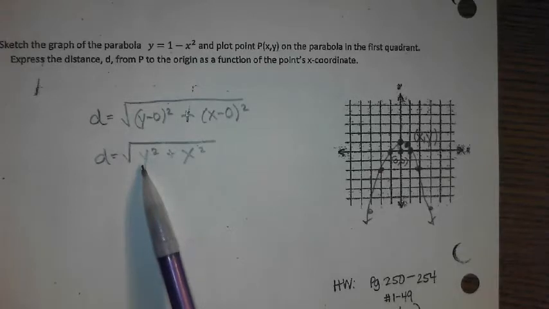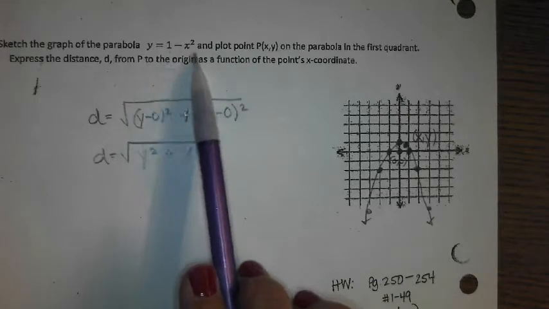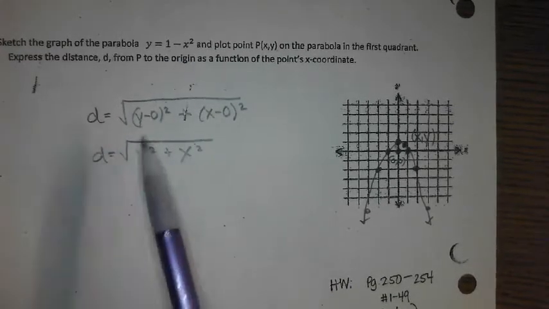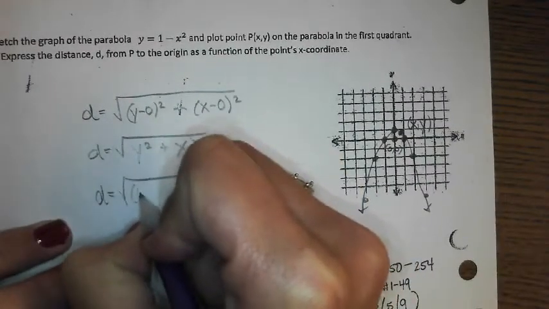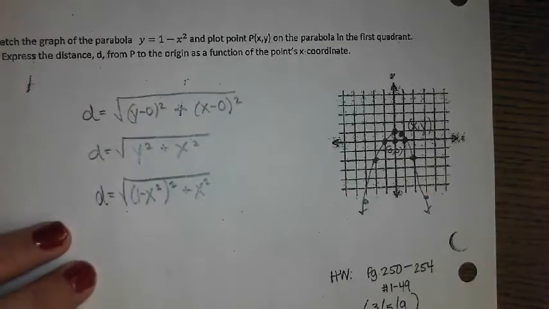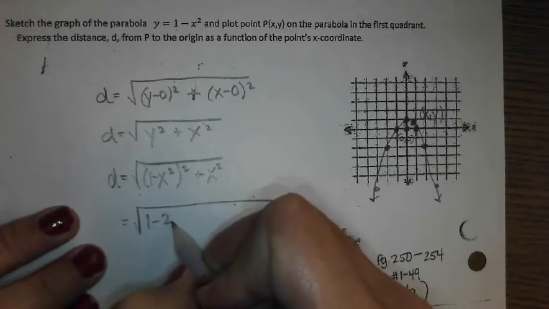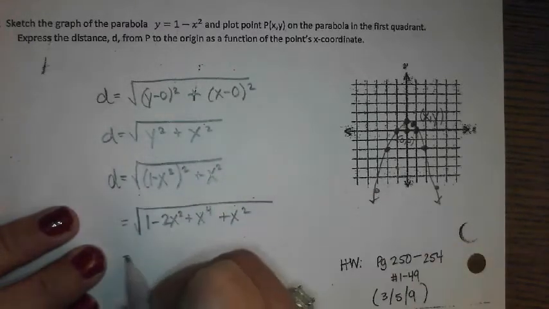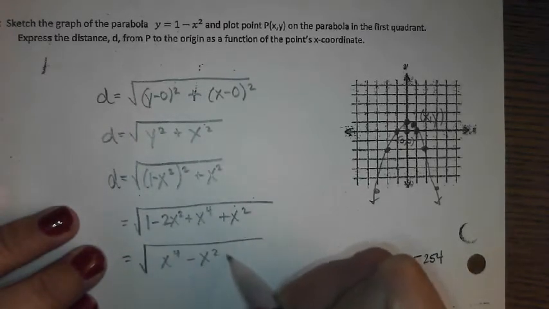What equals y? One minus x squared. So we're going to take out that y and replace it with 1 minus x squared, and then simplify. So that's going to be 1 minus 2x squared plus x to the 4th plus x squared. So that will be x to the 4th minus x squared plus 1.